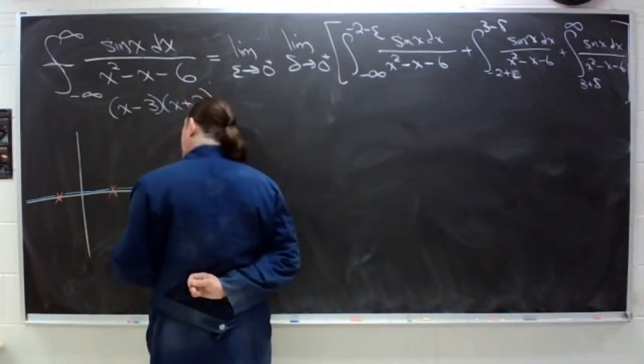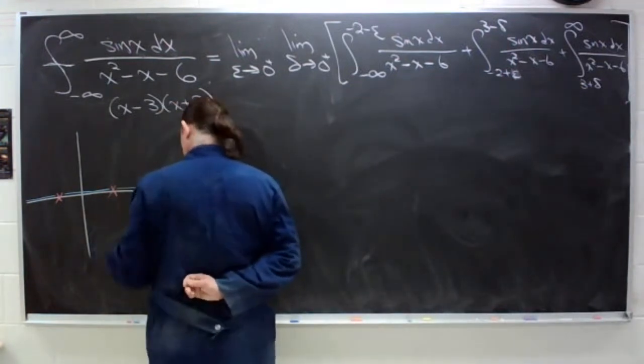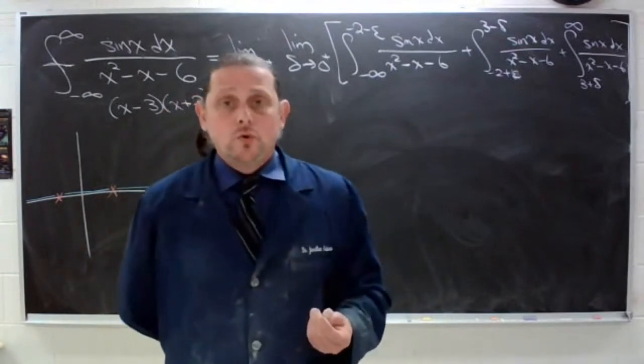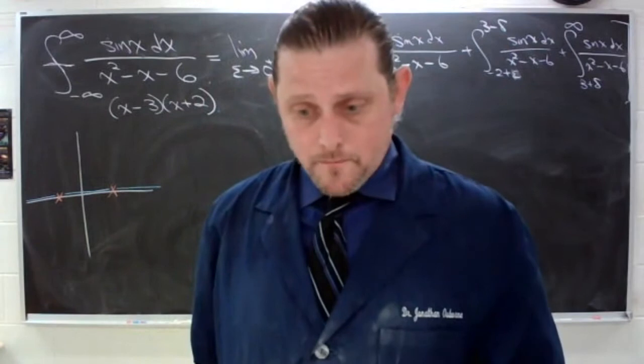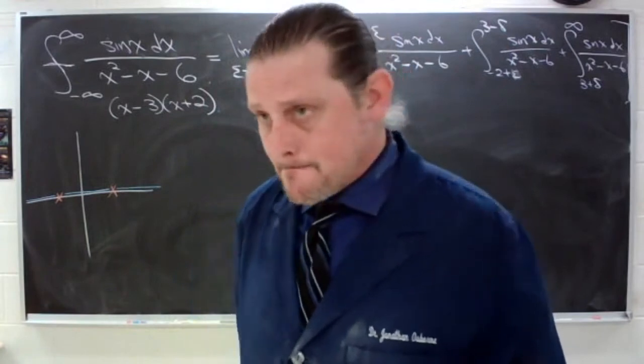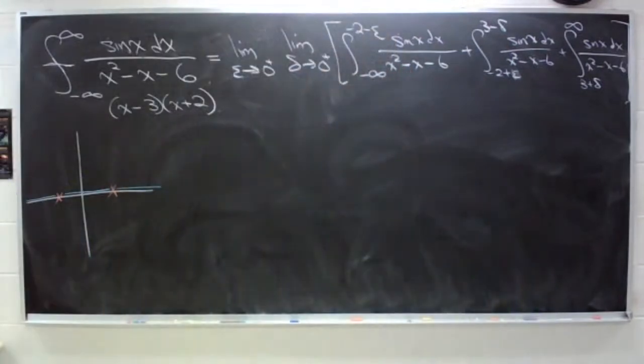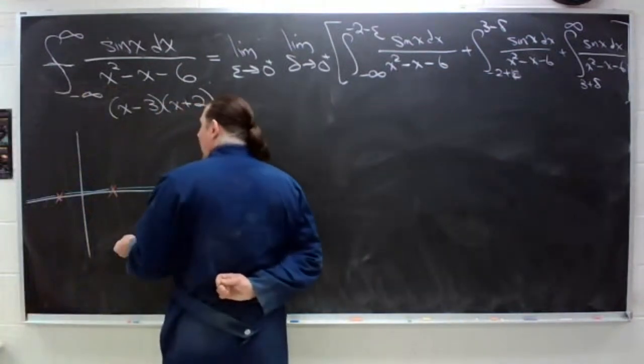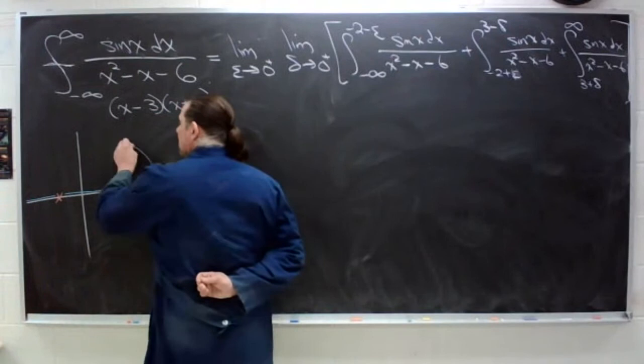So what I'm going to do is make a closed loop integral. I can do that in a number of different ways. Of course, it's obvious that I'm going to need to add an arc at infinity.